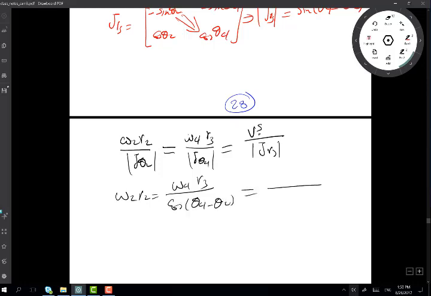And here I'll have V sliding, and underneath I'll have sine of theta 4 minus theta 2.